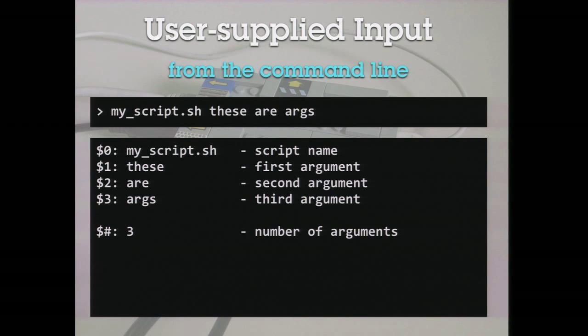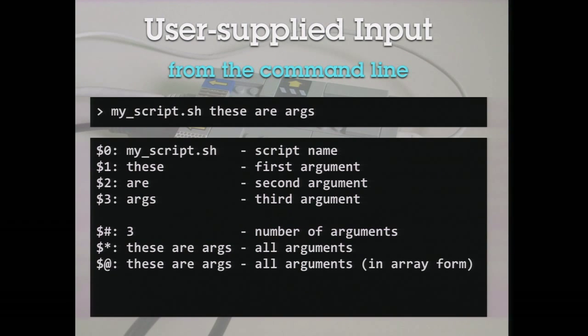In this case, it's 3. The $* contains all of the arguments passed to the script. So does $@. But this one keeps them in an array form, and if you have the possibility of items that had spaces in them passed as arguments, then this will be the cleaner way to go. But 90% of the time they seem to be interchangeable.